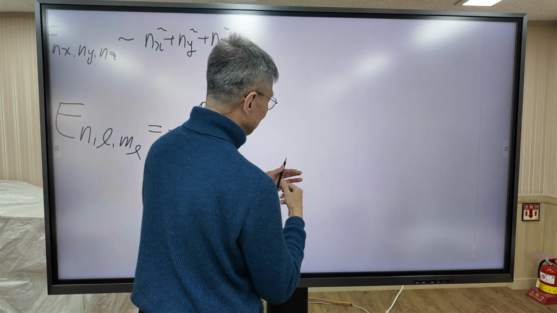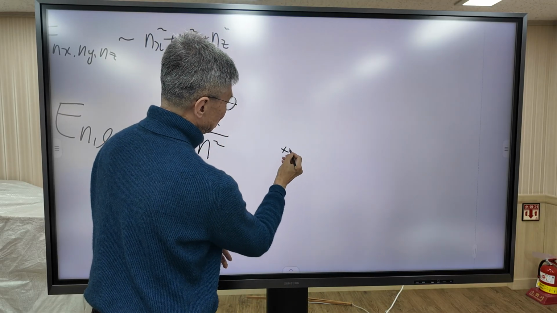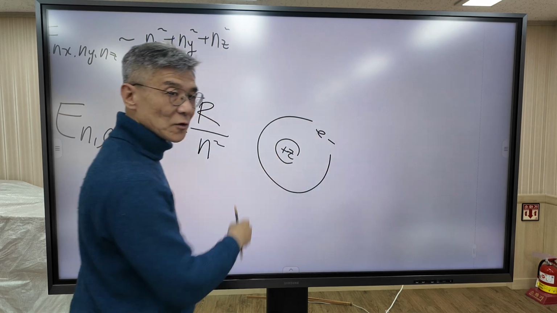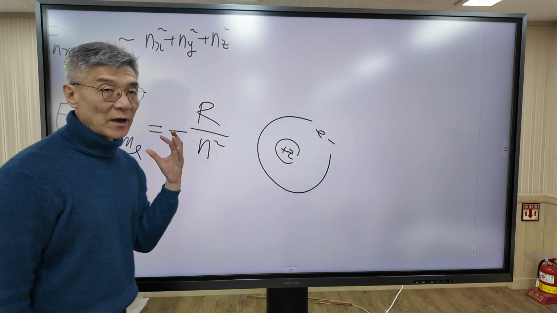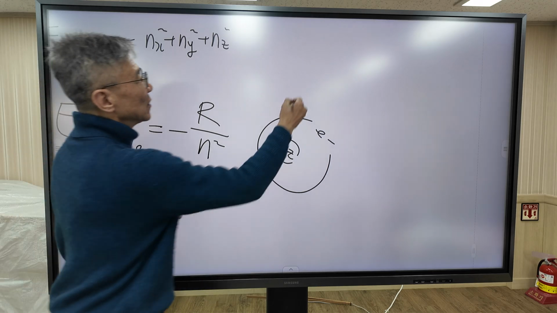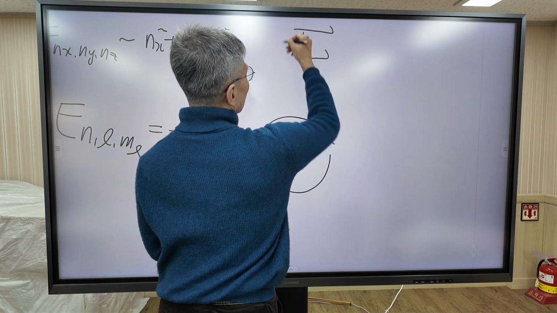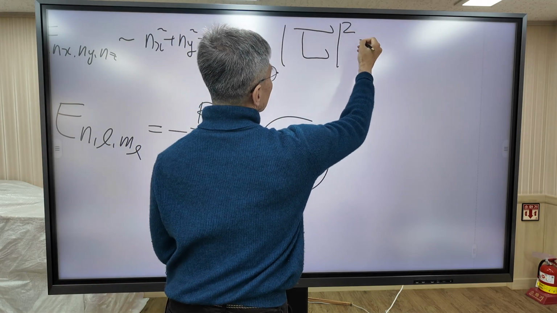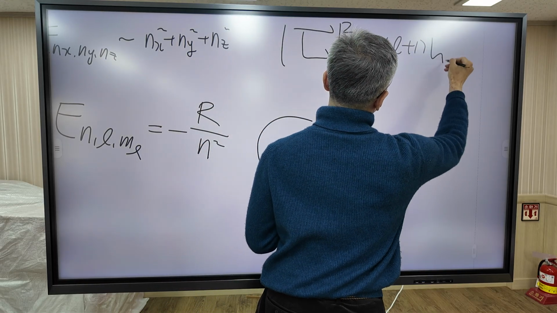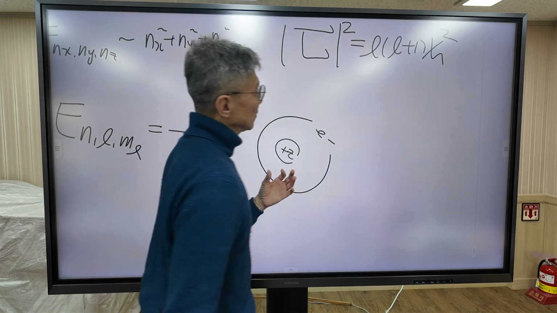Now, in an atom, electrons revolve around the nucleus, so the electron can have angular momentum, and angular momentum is a vector quantity. So the angular momentum squared is equal to l(l+1) h bar squared.